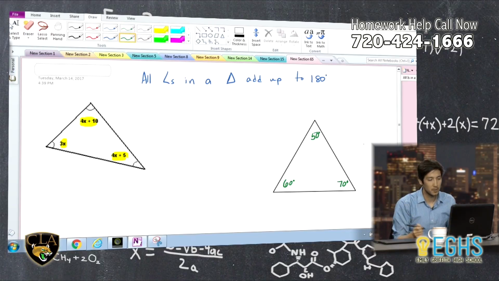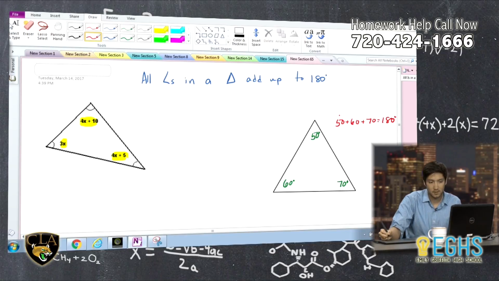Unless they add up to 180, they won't match up. Or you could just draw a bunch of triangles and measure them. So you can think of these numbers and say 50 plus 60 plus 70 is 180.